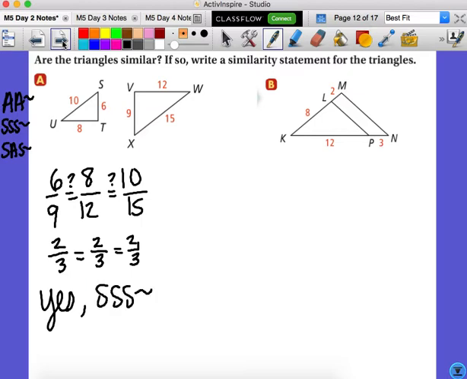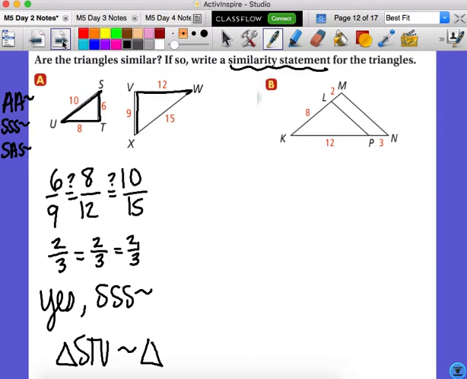And it says to write a similarity statement. So now I'm going to match up the order here. One triangle is similar to another. So if I go across the small, across the medium, and across the large, that's triangle STU. And then over here, across the small, across the medium, across the large, that is XVW.